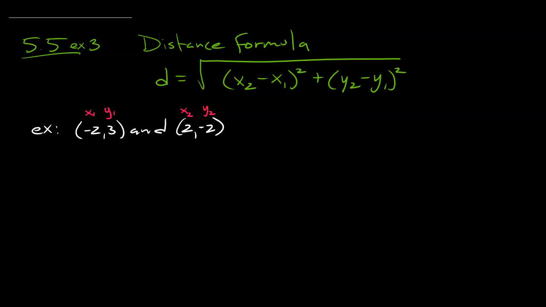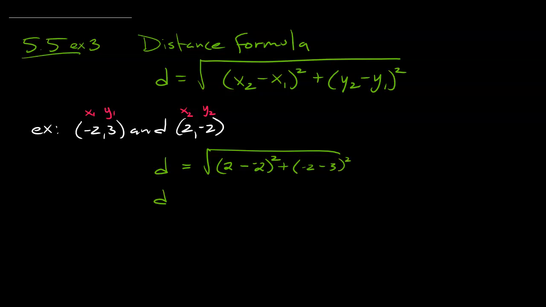Once you have those set up and labeled, you just put them in the formula and then simplify it. That's definitely easier said than done sometimes. So x2 is 2 minus x1, -2, squared, plus y2, which is -2, minus y1, which is 3.